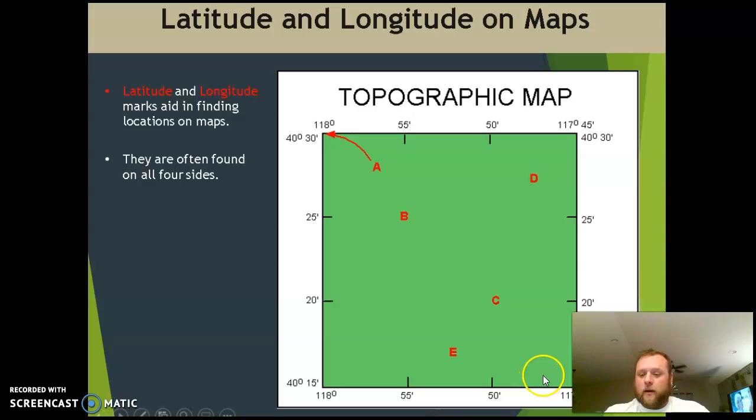It's the same way with the latitude. We start off at the bottom and read up. We have 40 degrees 15 minutes, 40 degrees 20 minutes, 40 degrees and 25 minutes. So the longitude, and it doesn't say east or west, would be 117.55 or 117 degrees and 55 minutes, and then the latitude 40 degrees and 25 minutes.